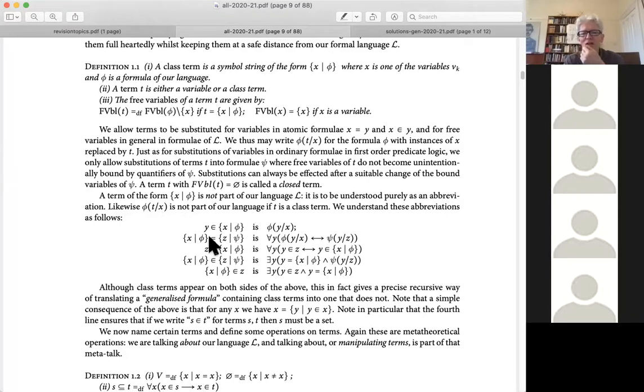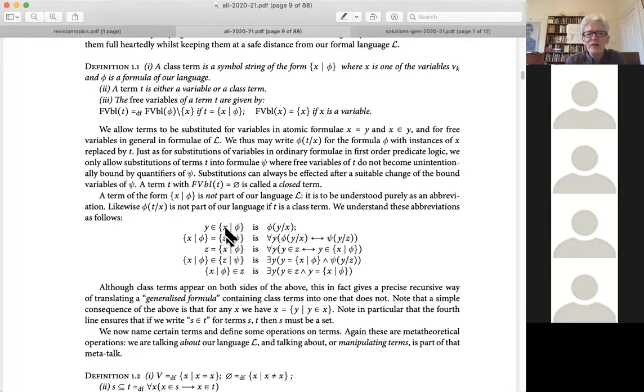So then one has to ask, well, what does it mean to say that y is a member of this term, or two terms are equal? Right? Or the set equals this term. Well, this term is a member of that term. And that's what this recursive or inductive definition does here, right? It takes the thing on the left and says, this is an abbreviation for the thing on the right.